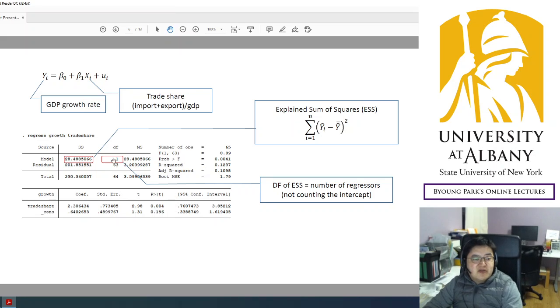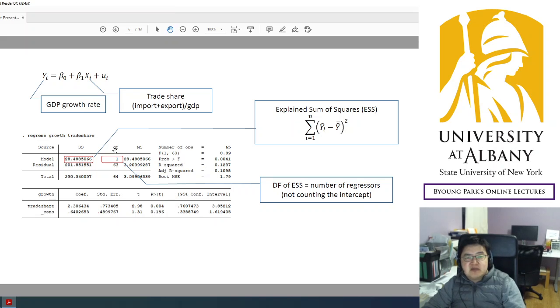And degrees of freedom in this case is 1. So degrees of freedom for the model sum of squares or explained sum of squares is the number of regressors. But we do not count the intercept. So the number of regressors in our model is 1. There is only one regressor, trade share.